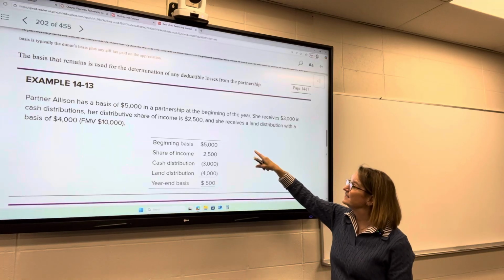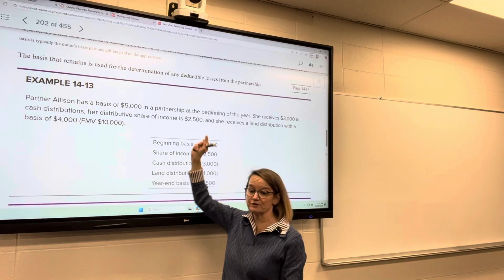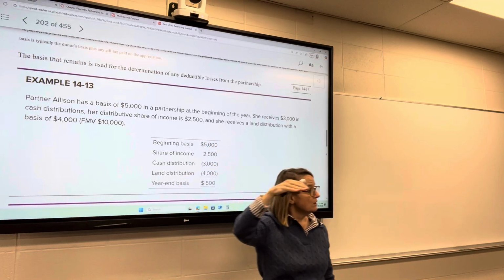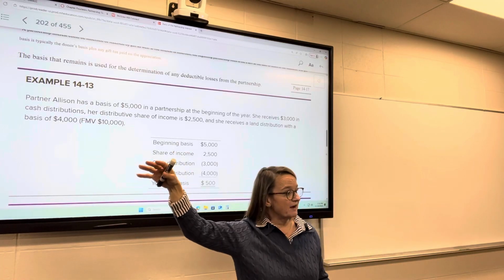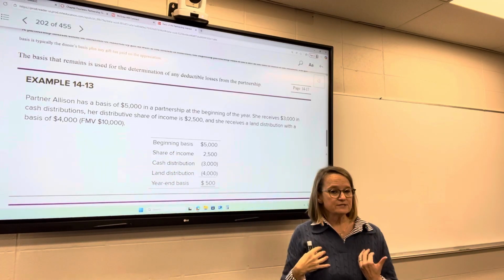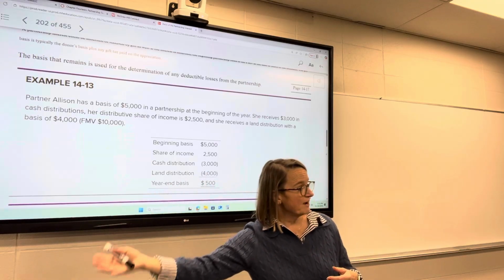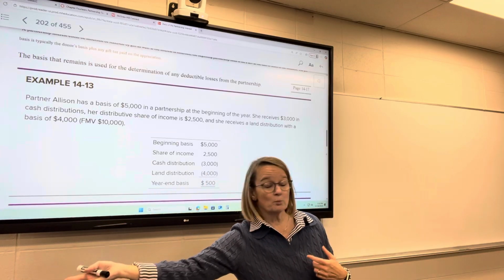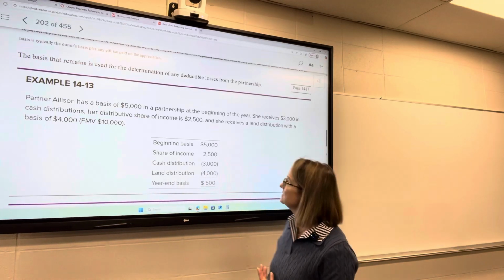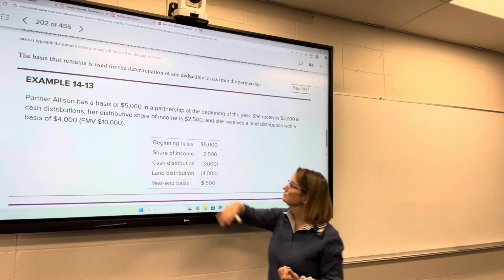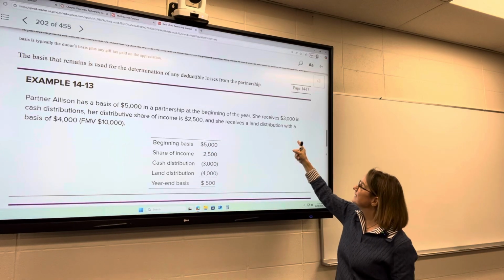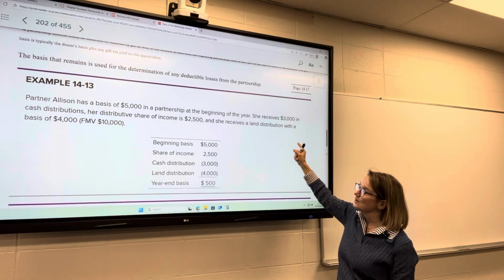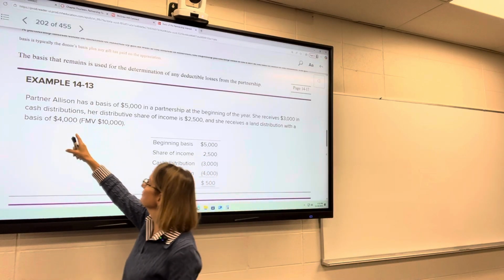Her share of income is $2,500. So again, think of this in terms of a bank account. So she started with $5,000. She took $3,000 out, but then another $2,500 was deposited into the bank account. That's her distributive share of income. And then she's going to receive as well a land distribution that has a basis of $4,000.